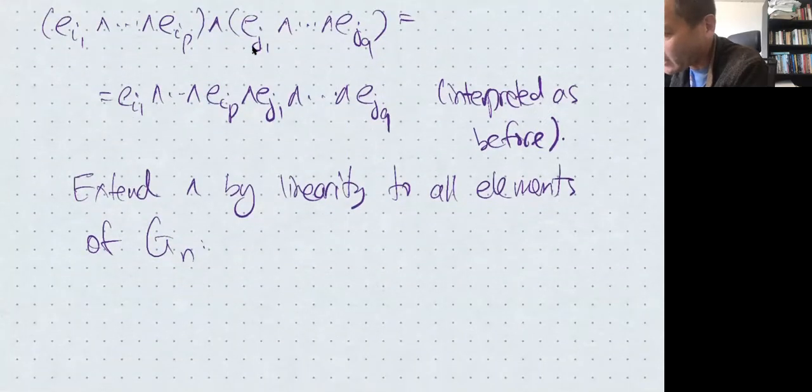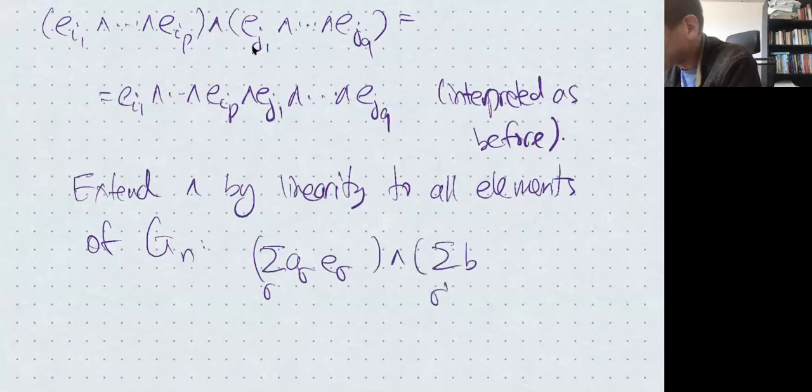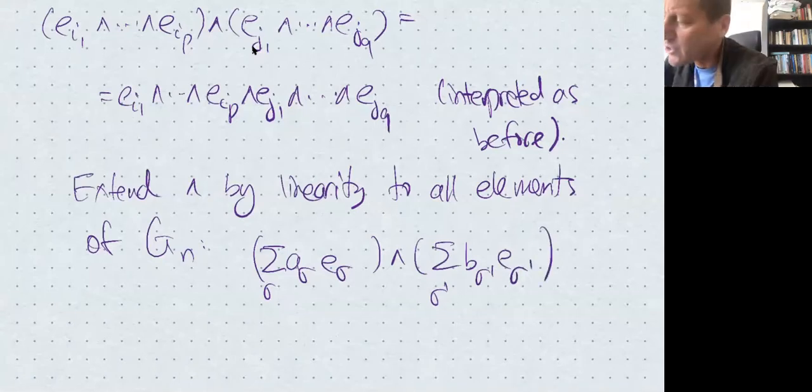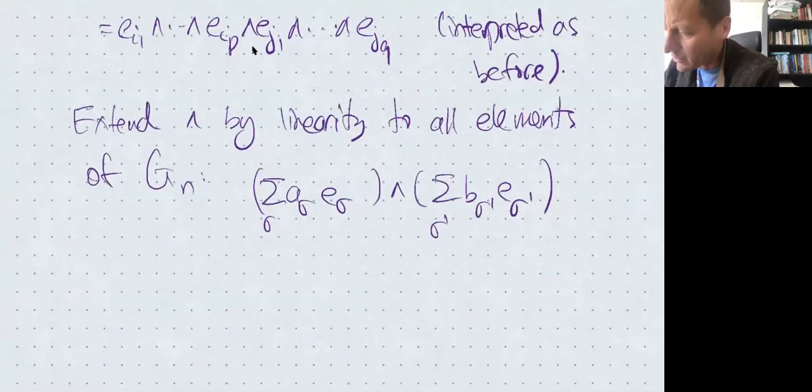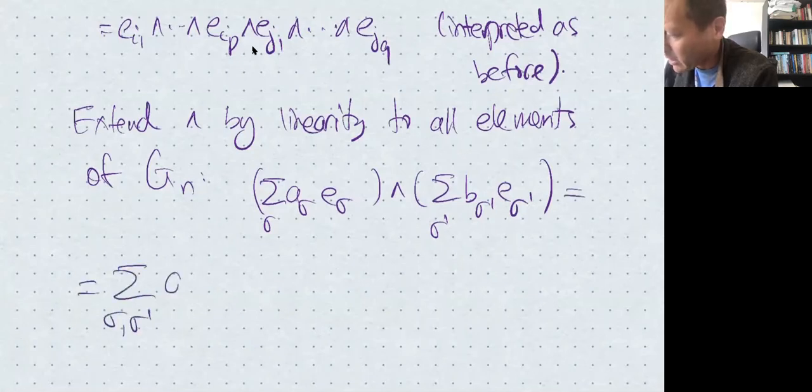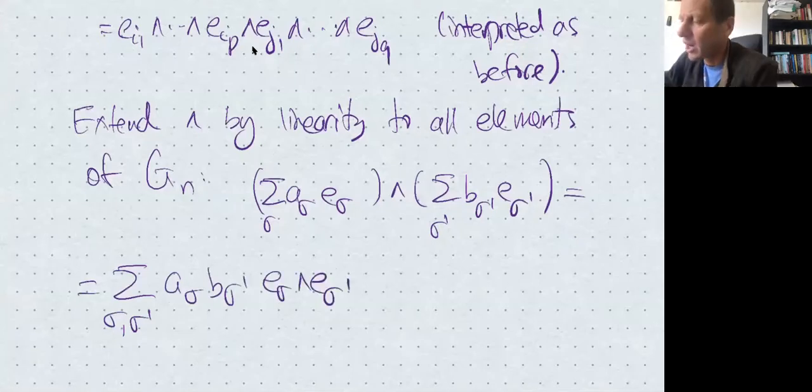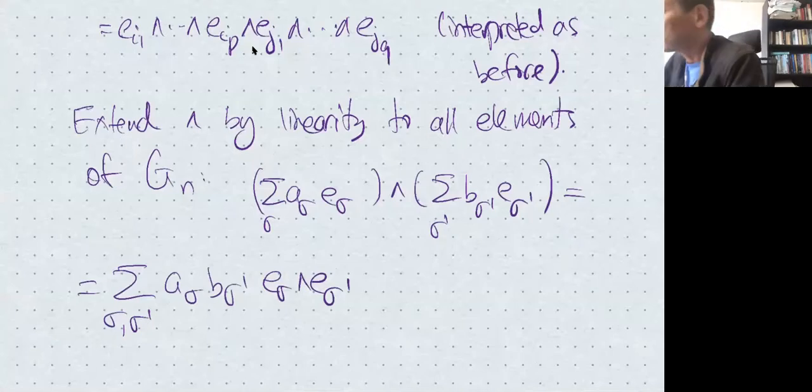What I mean by that is, if I take two vectors, this is the general shape of a vector in Gn, and if I want to define the product between them, then this is the value of the exterior power operation on these pairs, and this is just the obvious extension by linearity to the entire space Gn.